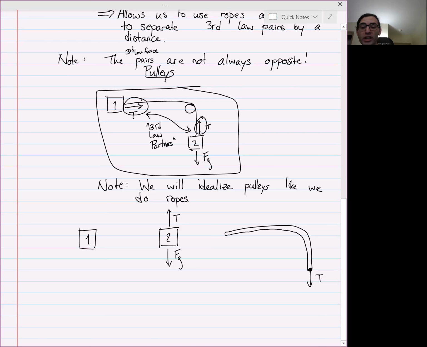Now, the point is that the tension is equally spread throughout the rope. So whatever force there is, there'd have to be another tension force on the other side pulling in the other direction.